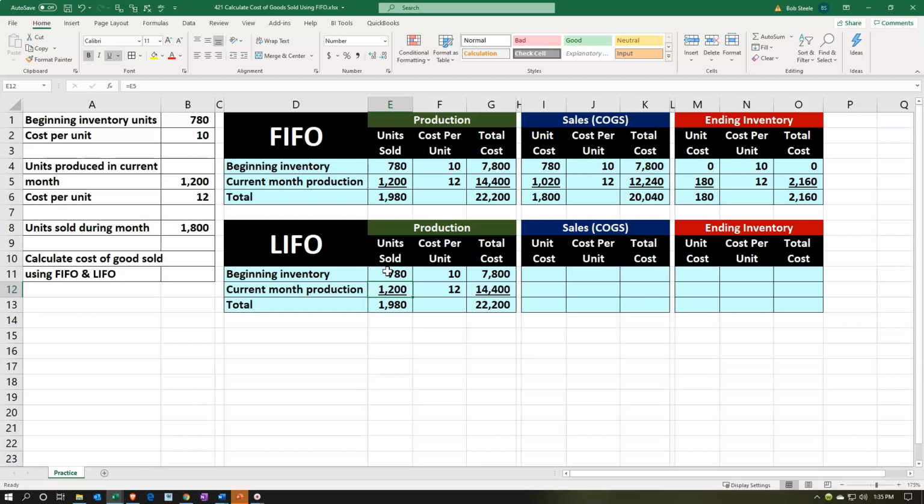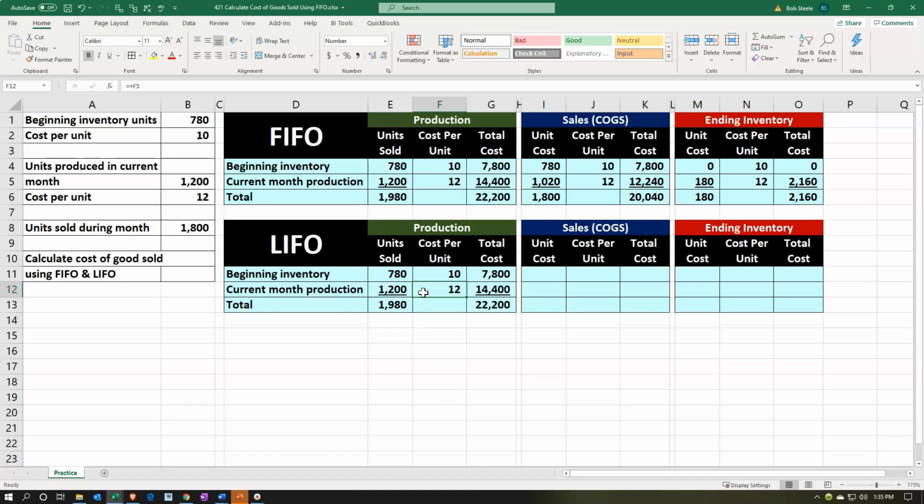If we want a last in, first out assumption, we're going to assume the last ones were sold first. Why would we do that? Well, one reason is that notice what will happen when we do that. Under normal conditions, that means we're going to sell the later units, which are usually the more expensive units. And that means the cost of goods sold on the income statement will be higher than otherwise would be under first in, first out, which means net income will be lower, which means that it makes us look kind of worse.